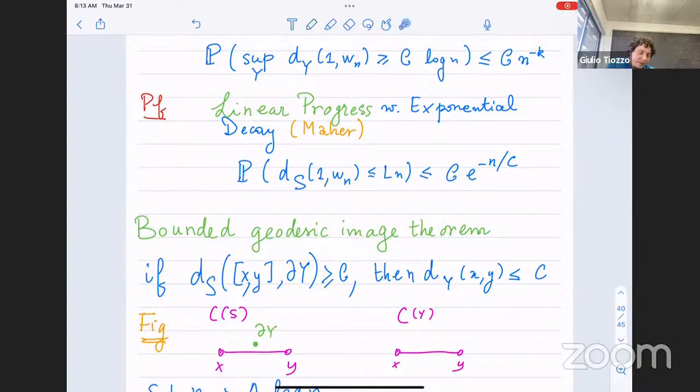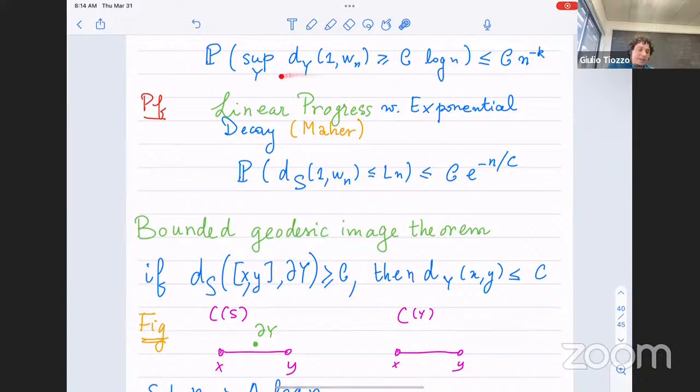Even if you have a path going from X, before you enter a neighborhood of the boundary of Y, you're not making any progress here. Then you make all the progress when you're near the boundary of Y. And after the boundary of Y, you again don't make any progress.